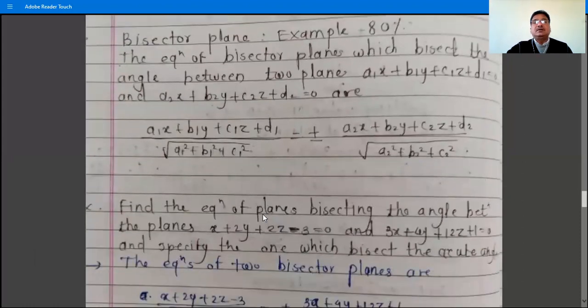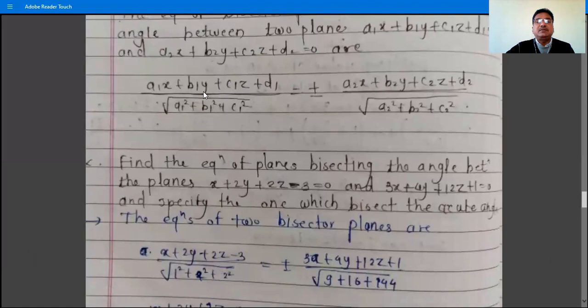Next point is the bisector plane. What is the definition of the bisector plane? The equation of the bisector planes which bisect the angle between two planes a1x plus b1y plus c1z plus d1 equal to 0, and a2x plus b2y plus c2z plus d2 equal to 0, are: (a1x plus b1y plus c1z plus d1) divided by root of a1 square plus b1 square plus c1 square, equal to plus minus (a2x plus b2y plus c2z plus d2) divided by root of a2 square plus b2 square plus c2 square.